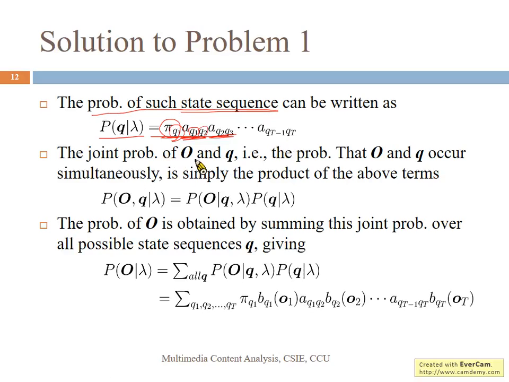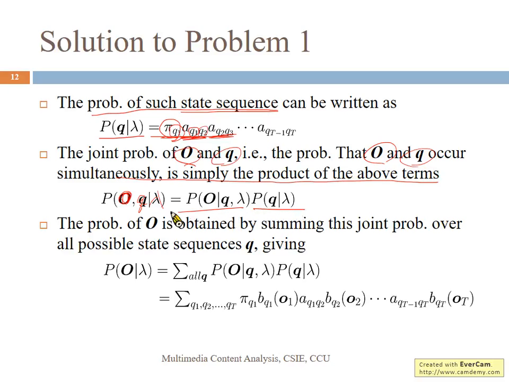Therefore, the joint probability of O and Q, where O and Q occur simultaneously, is simply the product of the above terms. Given the model lambda, the probability of such a state sequence generating such an observation sequence is the probability of O given Q and lambda, multiplied by the probability of Q given lambda.